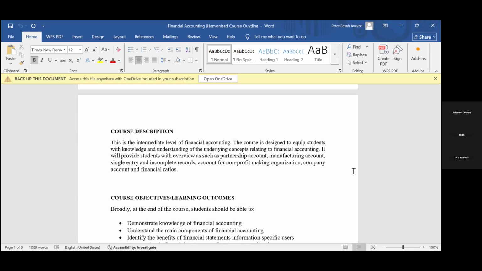It will provide you with an overview in areas such as partnership accounts, manufacturing accounts, single entry and incomplete records, accounts for non-profit making organizations, company accounts, and financial ratios.